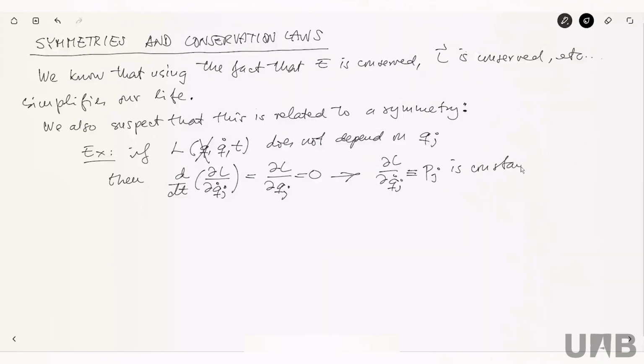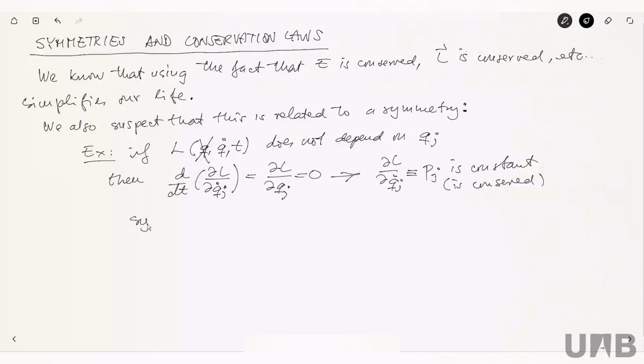Right? So that already tells you that here we have a certain constant of motion that is conserved. pj is constant along the trajectory of the motion. So that means that it is conserved, is constant, or is conserved, right? It's the same. And this happens as a consequence of the fact that the Lagrangian does not depend on q.